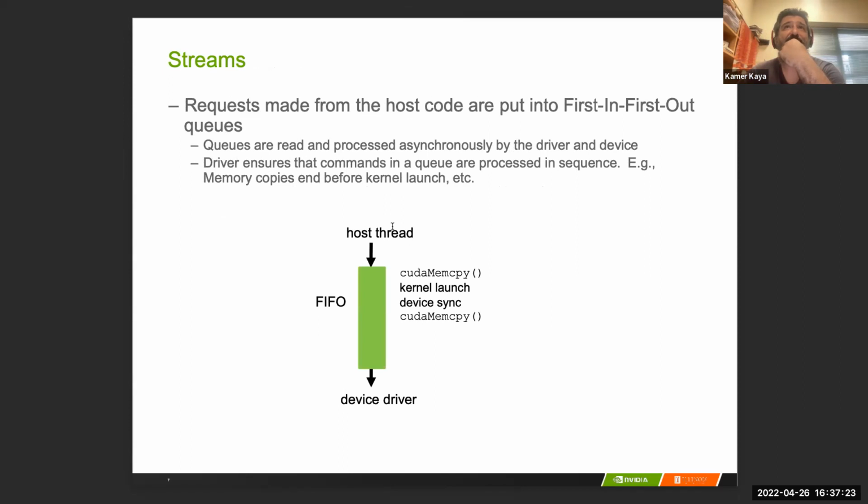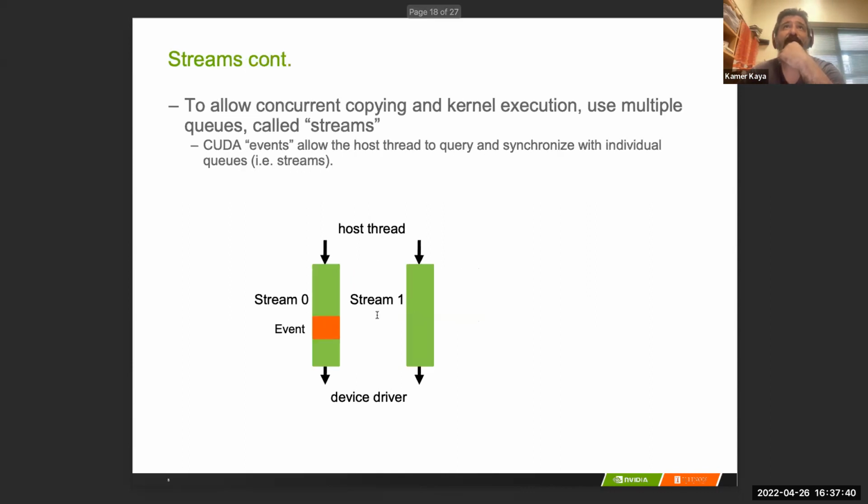And then it runs in a FIFO manner. So CUDA memcopy, kernel launch, device synchronization, CUDA memcopy. All of them are processed in sequence in a single queue. Okay. To allow concurrent copying and kernel execution, you can use multiple queues.